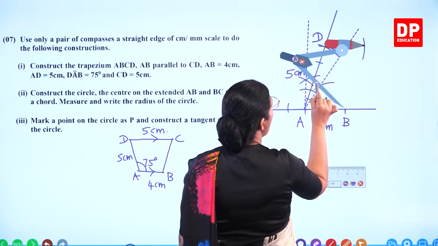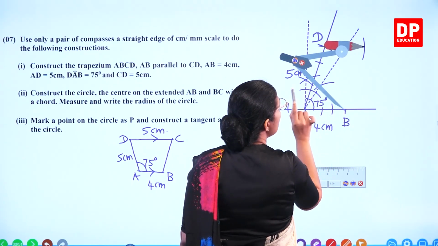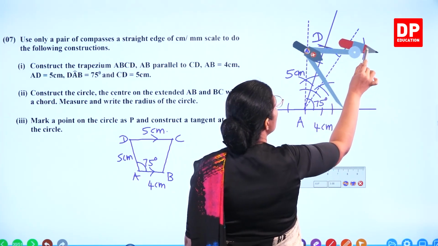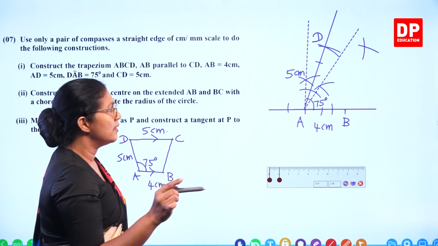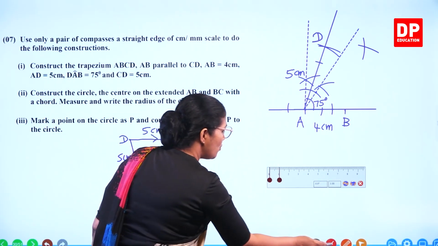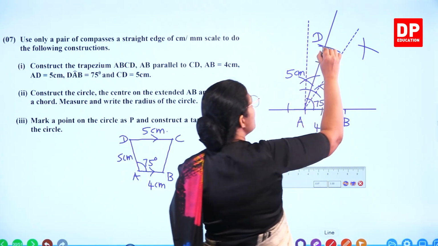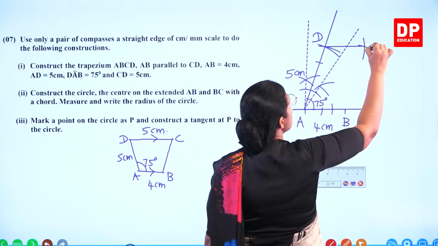You keep the compass on top of B and you can mark it. So we are using the parallelogram method. That means opposite sides are equal in length. Now you can draw the line from D to the intersecting point.